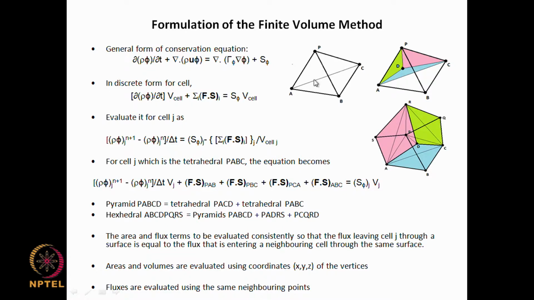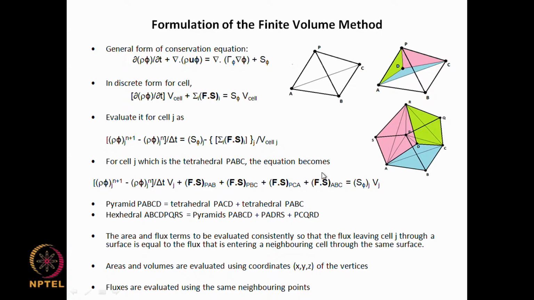So, it has 4 triangles as its 4 faces, and so for that we can write this equation as rho phi j, this is cell j, rho phi j at n plus 1 minus rho phi j at n divided by delta t times the volume of the cell j, that is V subscript j, plus f dot s for the face PAB plus f dot s for cell side PBC plus f dot s for PCA plus f dot s for surface ABC.